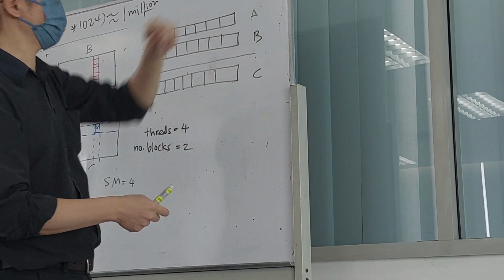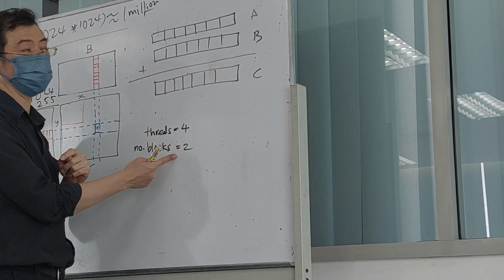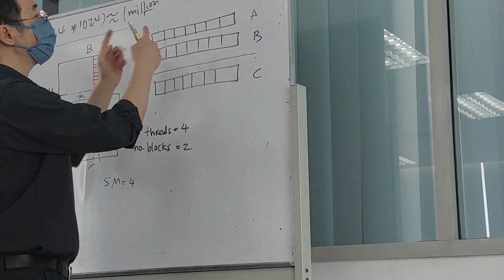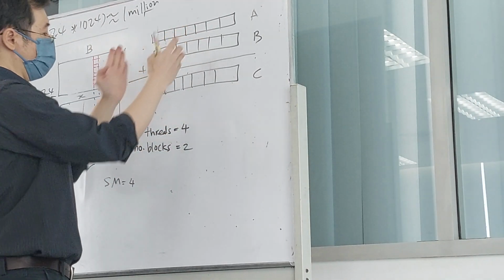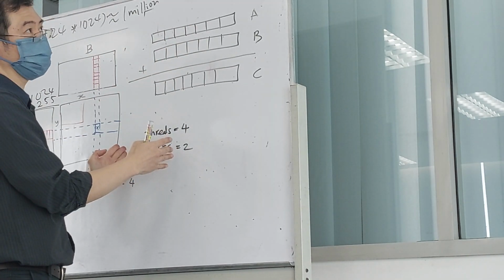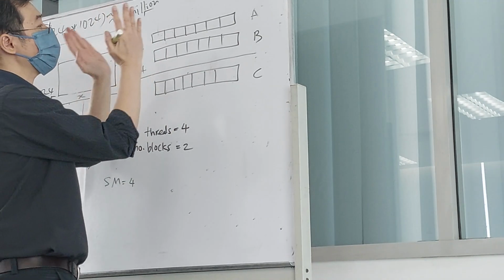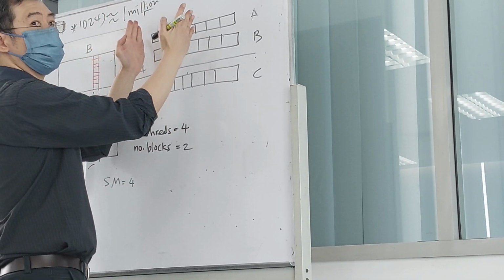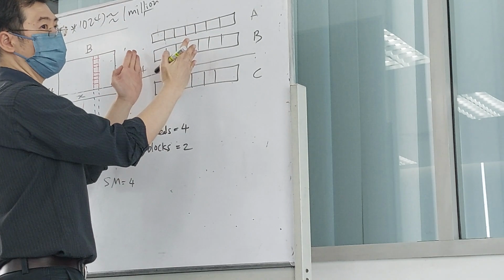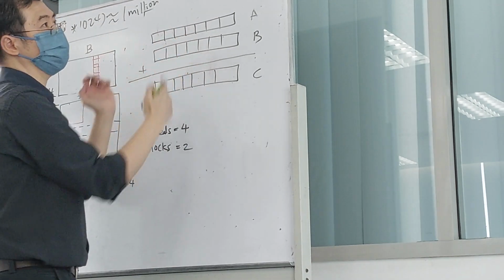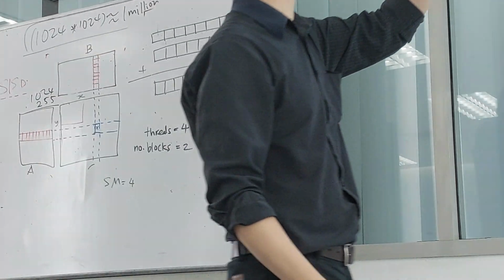Your programming will depend on the size here and the size here. So I say 4 in a block, and the number of blocks is 2. When you execute, the GPU is going to assign the streaming processors to execute this as a block, which is a block of 4.